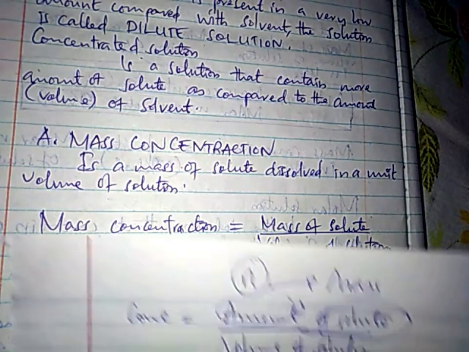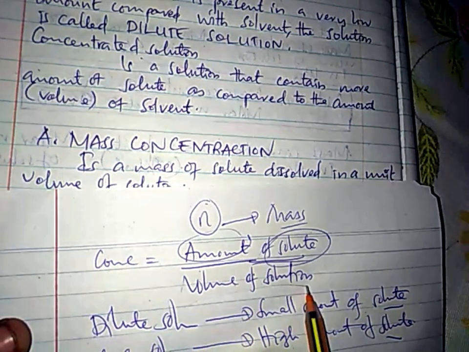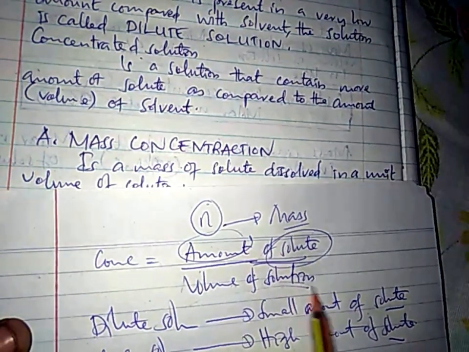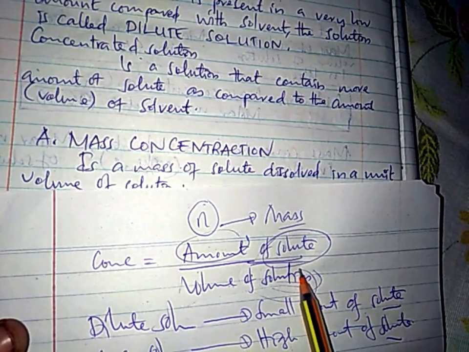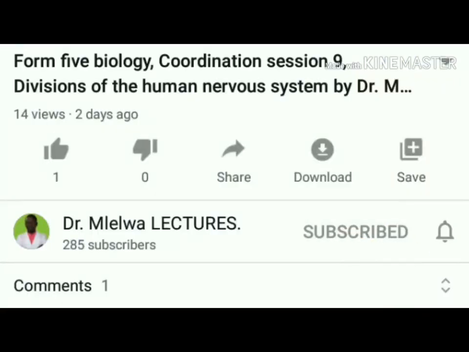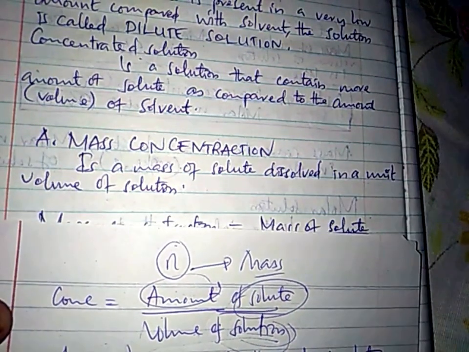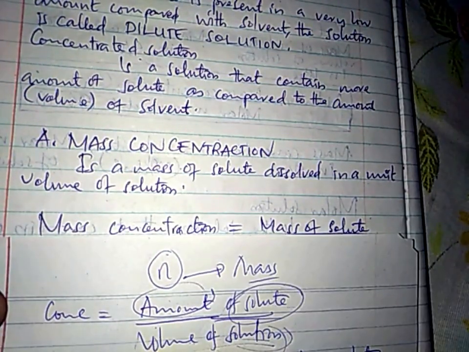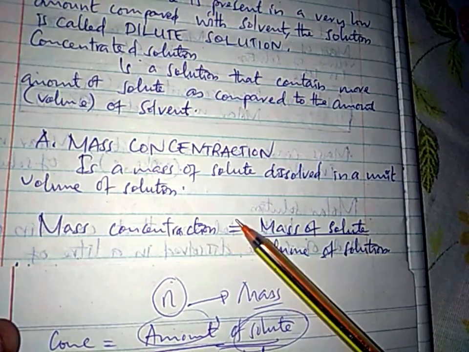As I told you before, concentration is equal to amount of substance divided by volume of solution. Amount of solute divided by volume of solution. It is not volume of solvent, it is volume of solution. Now it depends on whether we take the amount of substance as mass or as a number of moles. If we take the amount of substance as mass, the concentration is called mass concentration.